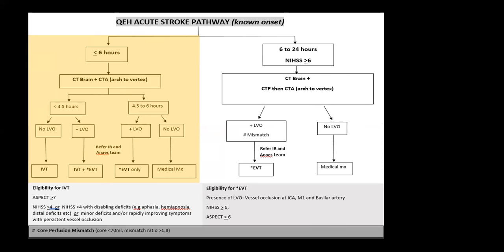For those, we first perform a CT brain, then a CT perfusion, then a CTA from arch to vertex, and those with large vessel occlusion or mismatch, we can refer to the interventional radiologist and the NS team for EVT. However, if there's no large vessel occlusion, they can only receive medical treatment.